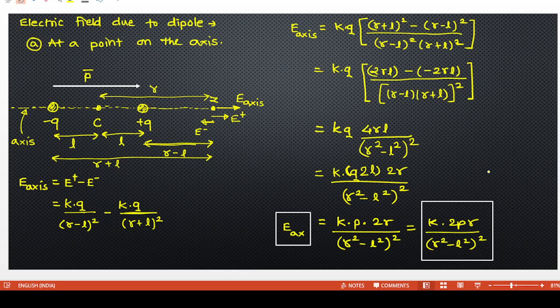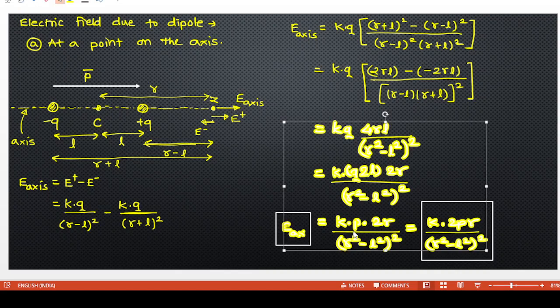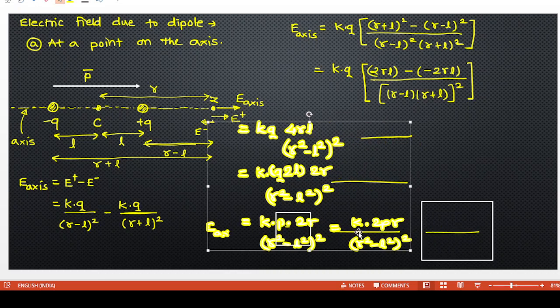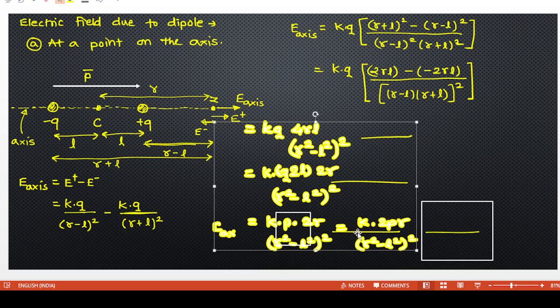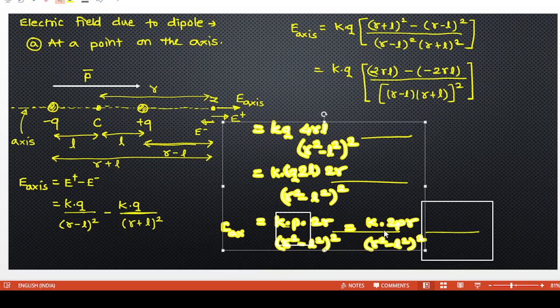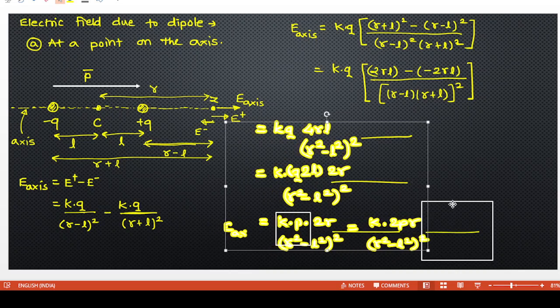So finally, let us write the vector form as well.